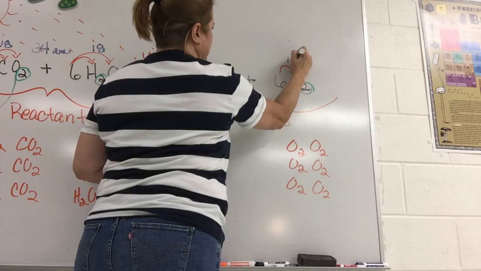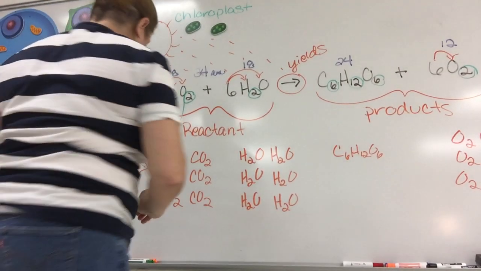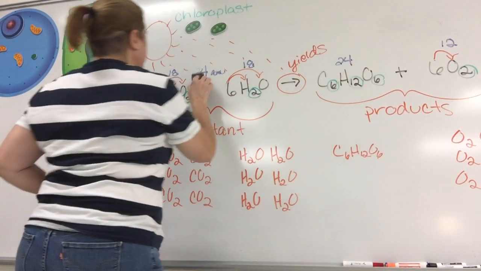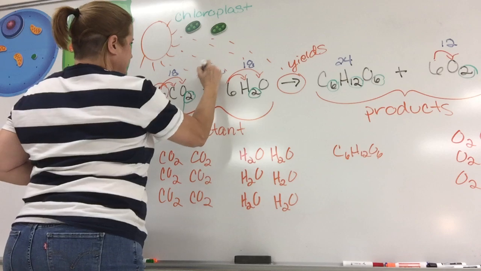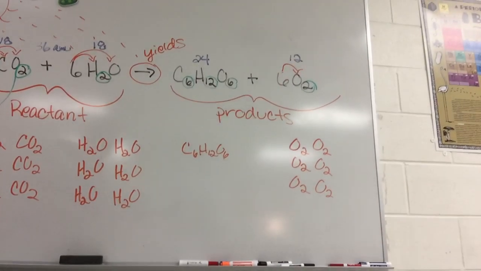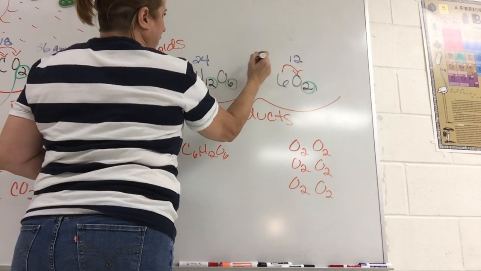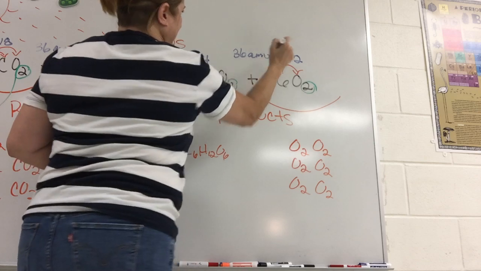Oops, I did my math wrong over here. Sorry, you guys. 18 plus 18 is 36, not 34. My bad. 36 AMU. So then 24 plus 12 is also 36 AMU.